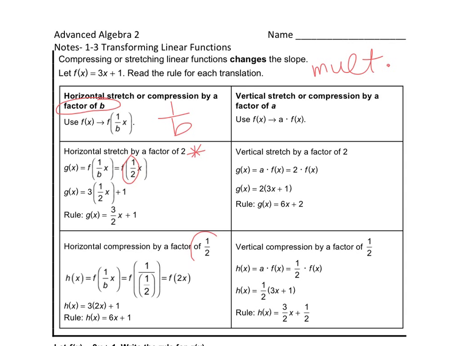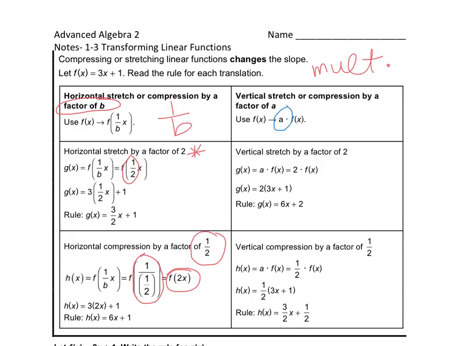And right here, if we're going to do a horizontal compression of 1/2, which is already a fraction, when we do 1 over 1/2, well, you're thinking about reciprocal. So we are just multiplying by a 2. So horizontal stretch and compression, you're multiplying by its reciprocal. Now, when we are doing vertical, you are simply going to multiply the function by the factor.